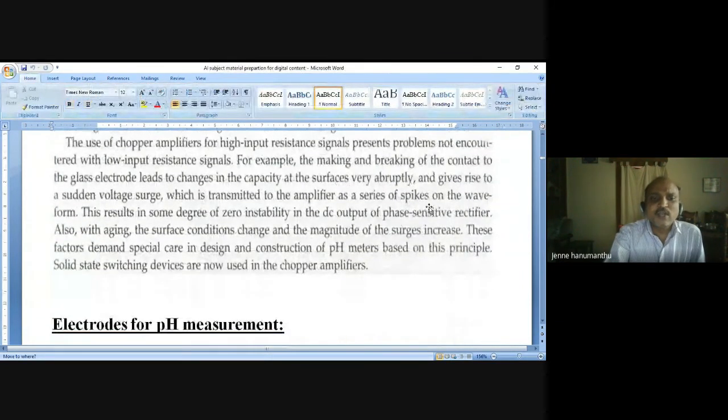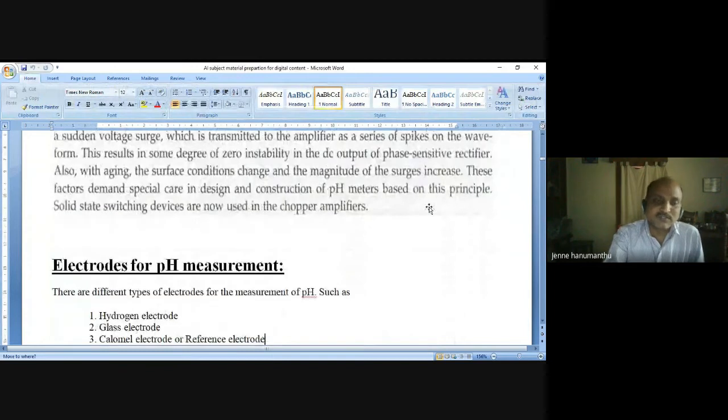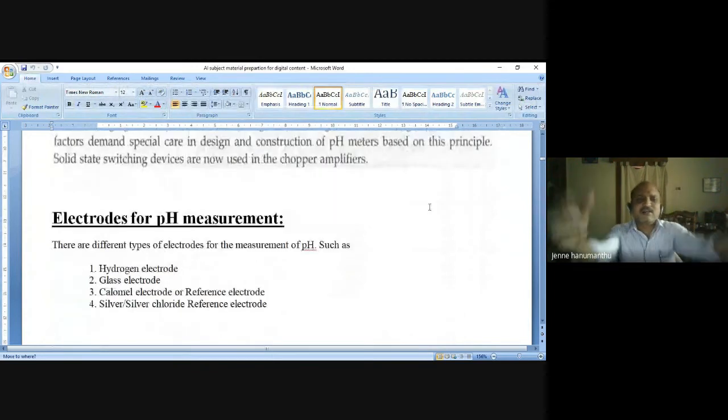and what type of electrodes can you use? Generally, based upon the availability of the solution, you can choose the electrodes. There are different types of electrodes for pH measurement, such as hydrogen electrodes. Generally we prefer hydrogen electrodes, and sometimes glass electrodes. Remember, the hydrogen electrode and glass electrode directly act as measuring electrodes.